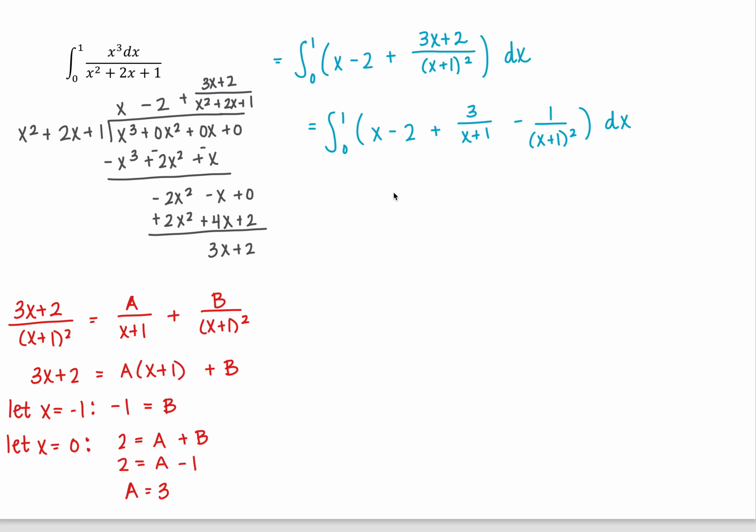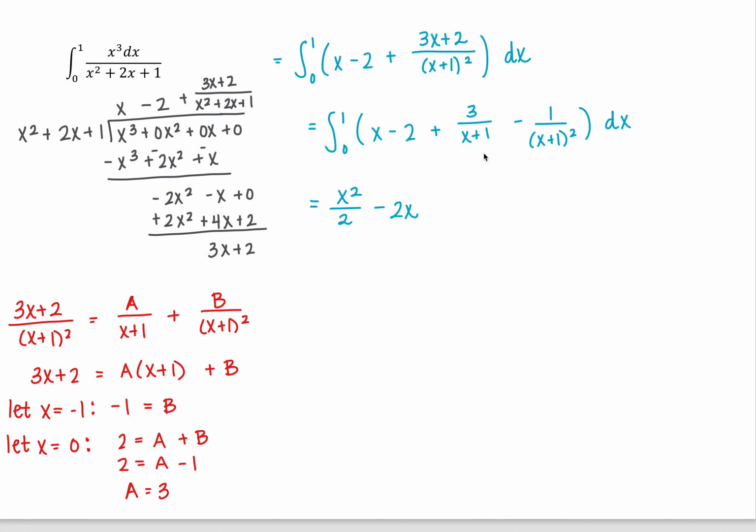Now, you could break this into 4 separate integrals, and I actually did that in my paper notes if you want to go look, but you don't have to. And so for this example, I'm just going to integrate everything here all together. So the x is going to give me x squared over 2.